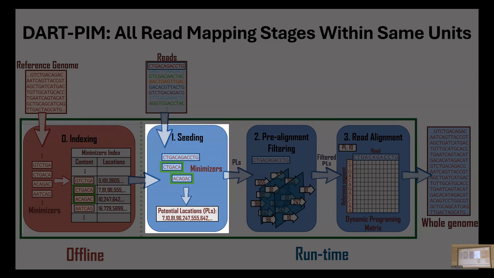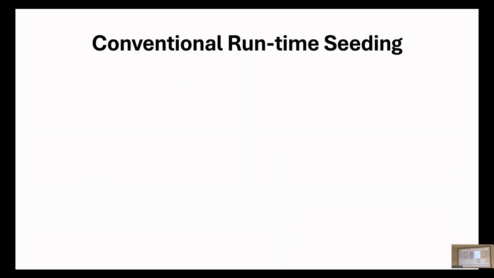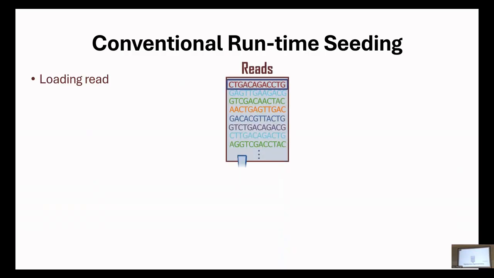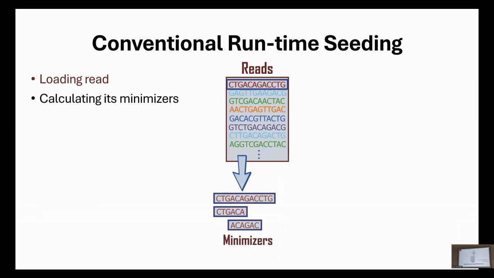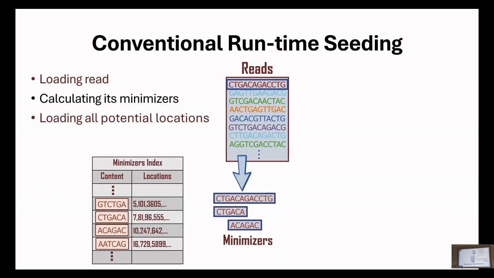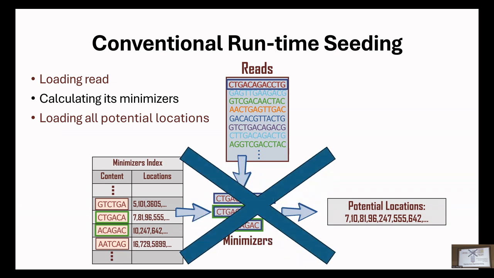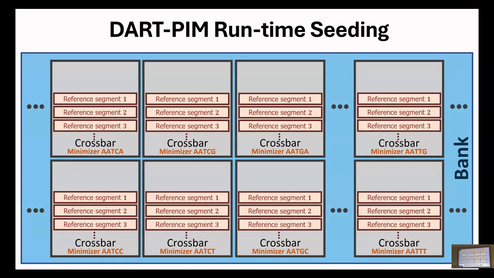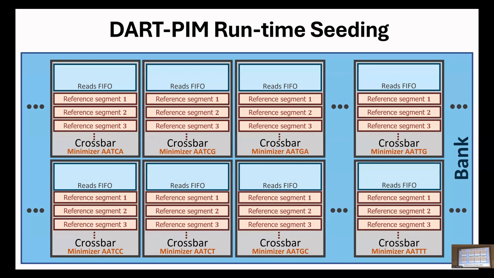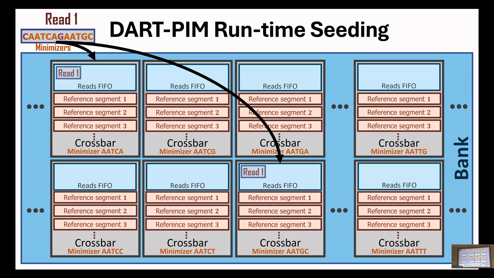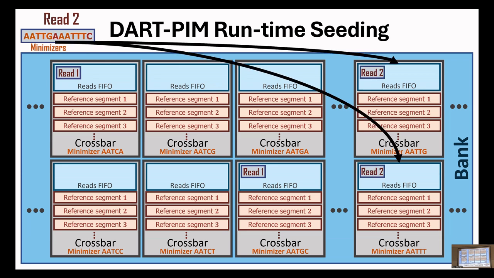Okay, next, the seeding stage. In conventional seeding, we receive the read, we find its minimizers, then we find the potential locations. We're doing something different. In each crossbar, we will have a reads FIFO, and then we can enter each read to the relevant crossbar according to its minimizers. So we take each read, we find its minimizers, and then we enter it to the relevant reads FIFO.